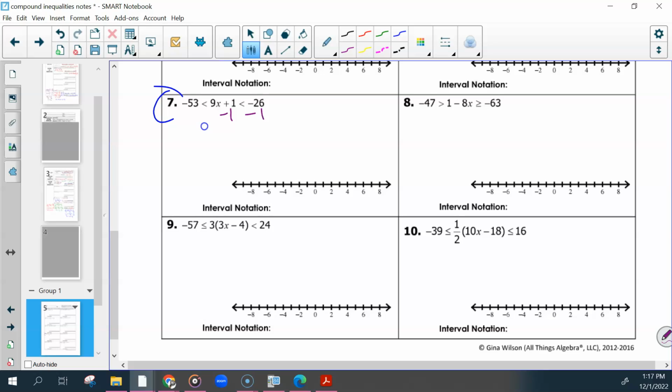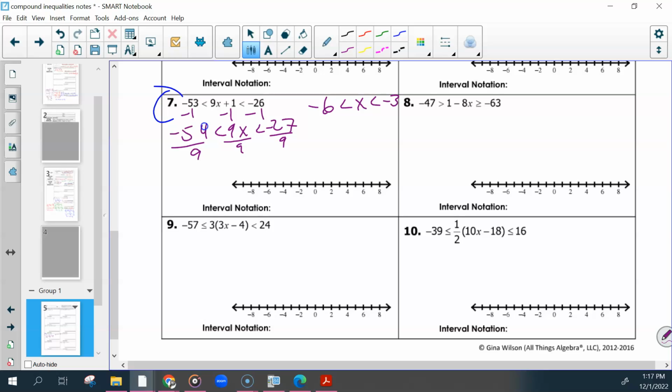Get rid of the 1. Divide everything by 9. Negative 6 is less than x, which is less than negative 3.